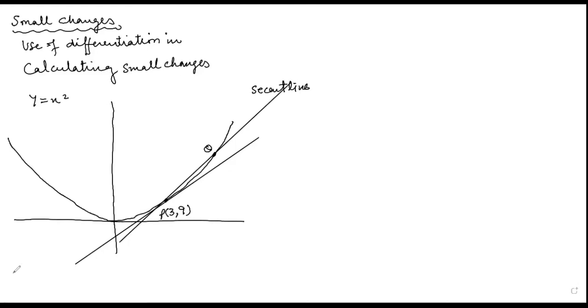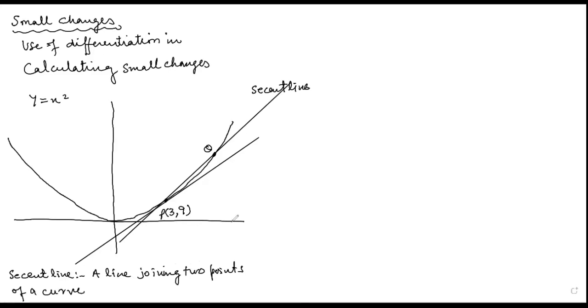Now, the definition of the secant line is a line joining two points of a curve.